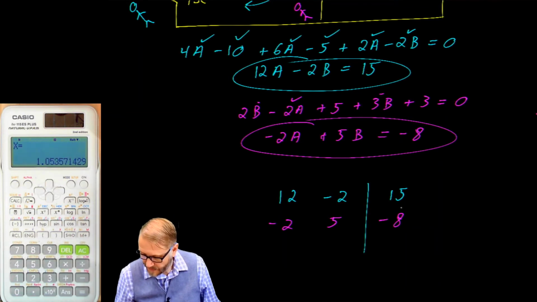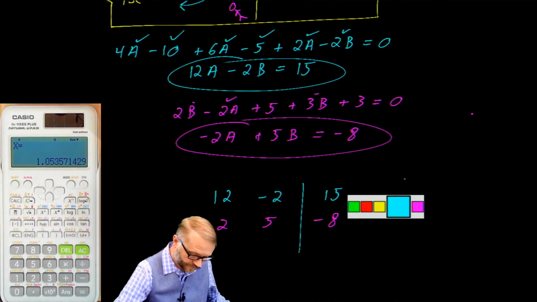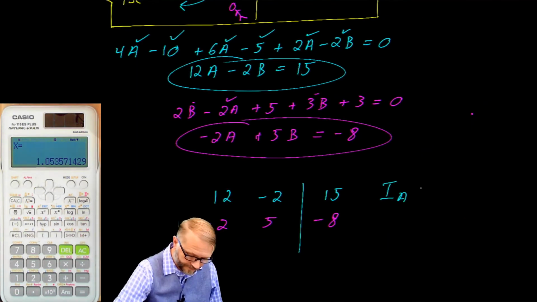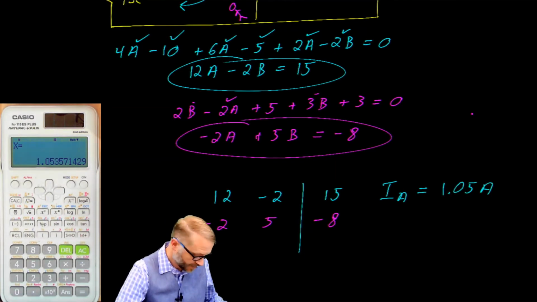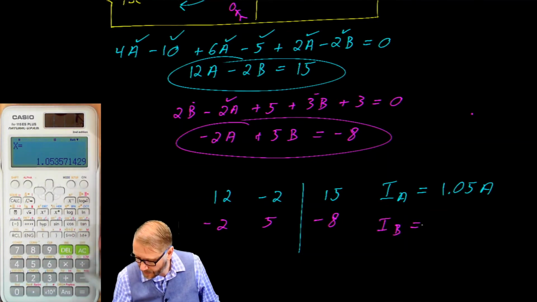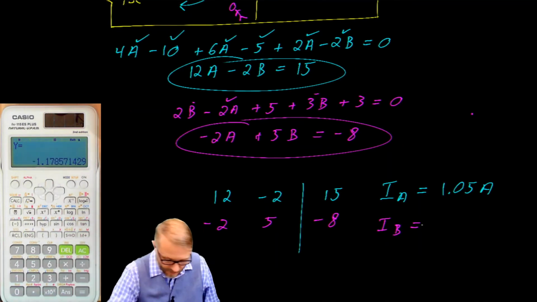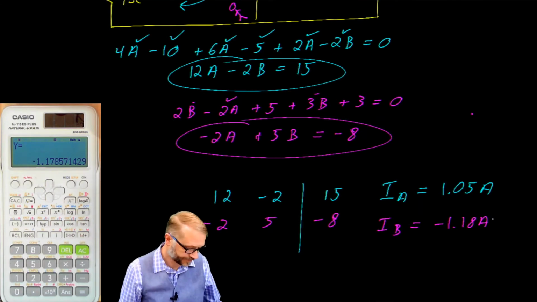That tells us that the current A is 1.05 amps and current B is equal to, let's see, what do we get? Negative 1.18 amps.